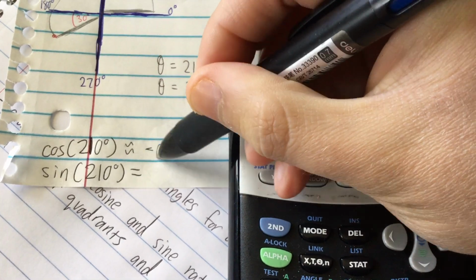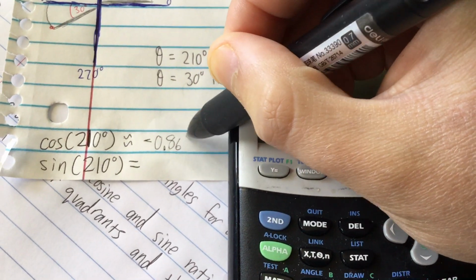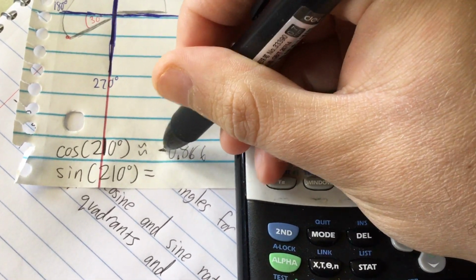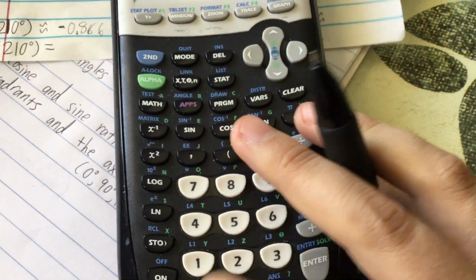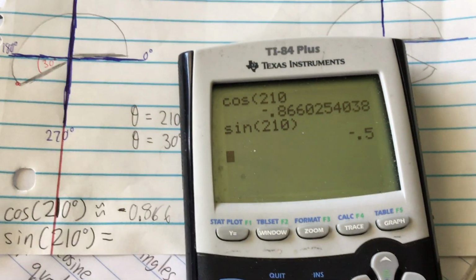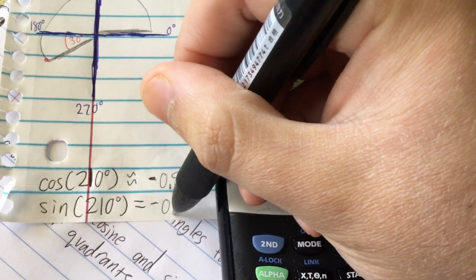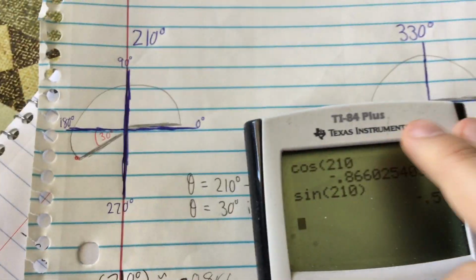Very, very similar to the cosine of 30 degrees. Same decimals, but just negative. Sorry, I'm writing sideways. And then I'm going to compare that to the sine of 210. And that's negative 0.5. The same exact decimal, but just negative. And the reason why is because we are in quadrant 3.